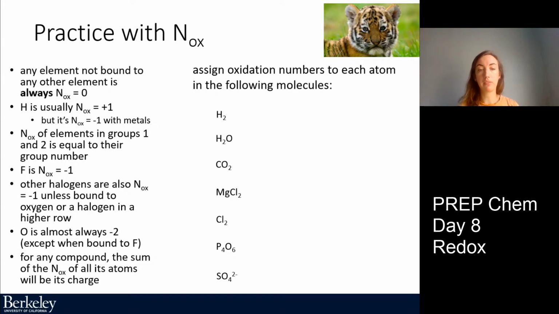I'll give you a lot of time because there are a lot of molecules here, to think about how you would assign the oxidation numbers to each atom. So you're not looking for the overall oxidation number of the compound. You want, like, in H2O, what is the oxidation number of H? What is the oxidation number of O?